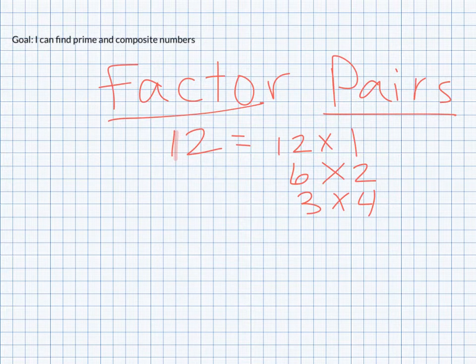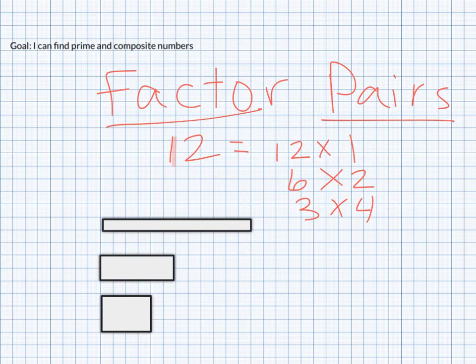I can draw arrays to show these factor pairs. Here is an array that shows 12 times 1 because it's 1 down and 12 across. So this array shows the factor pair 1 and 12. This factor pair, 6 and 2, is shown here by this array because it's 2 down and 6 across.